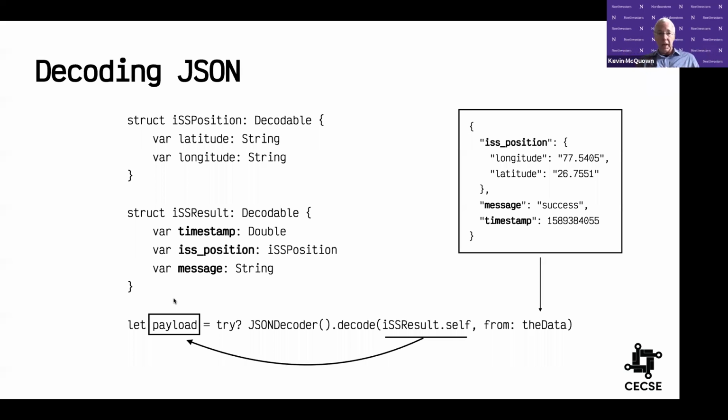I could say payload.timestamp or payload.ISS position, and I can just reference it in Swift like I would anything else. And then the try question mark, does anybody have a feel for what they think that does or why that's there?